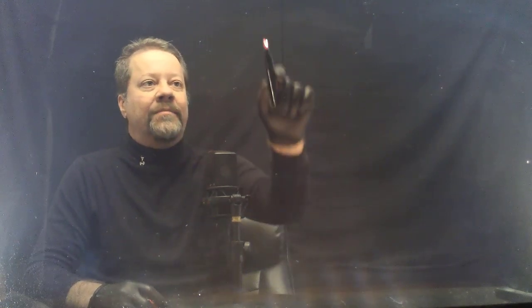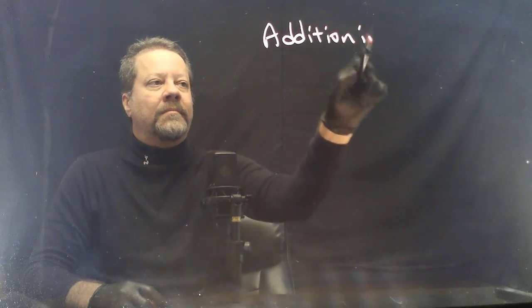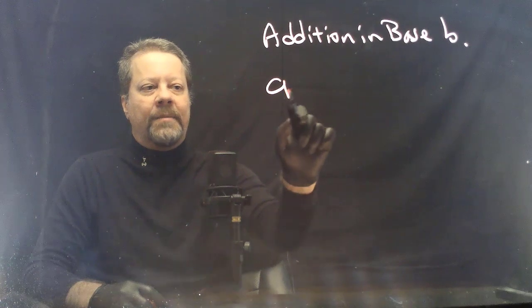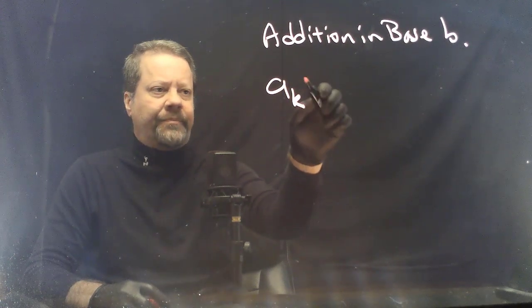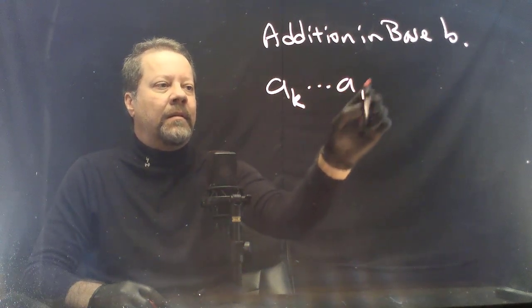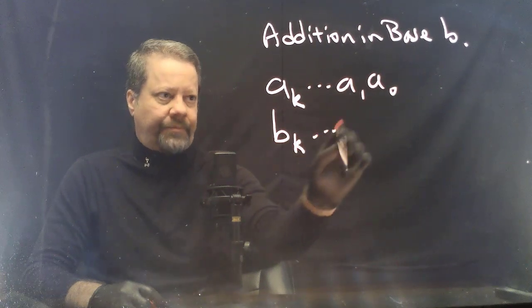So how do you add numbers in base B? Let's suppose we have numbers in base B with these representations. Let's suppose that they have the same number of digits.